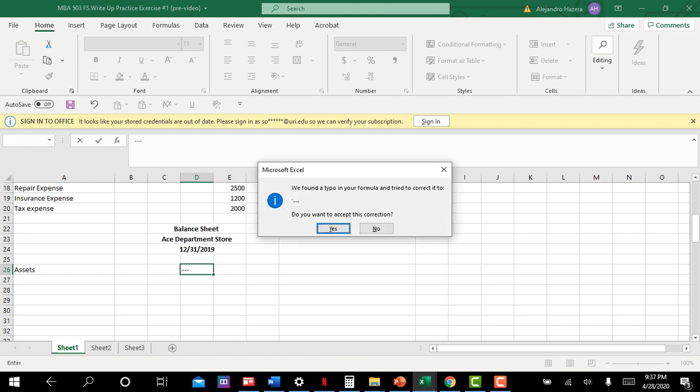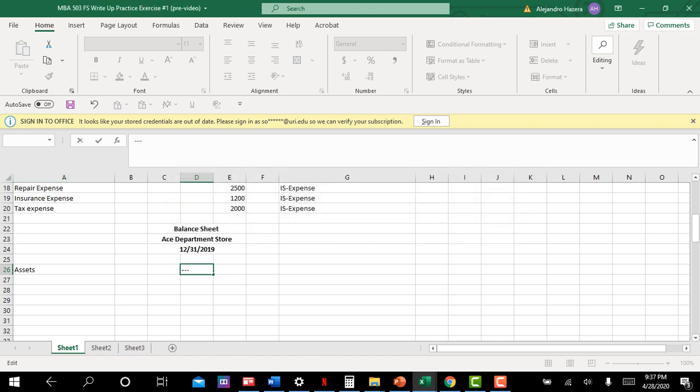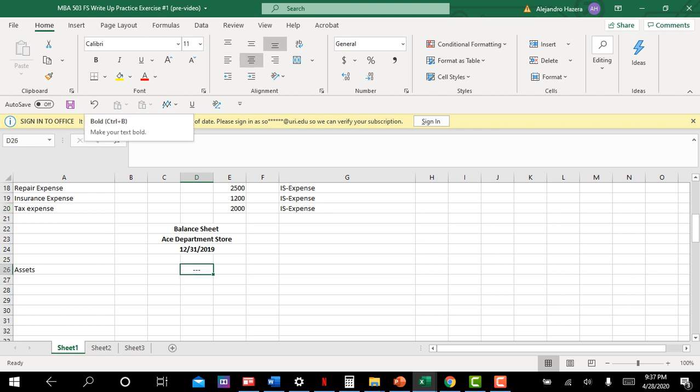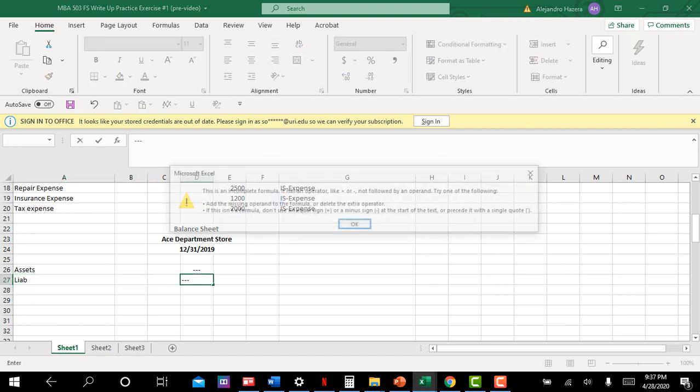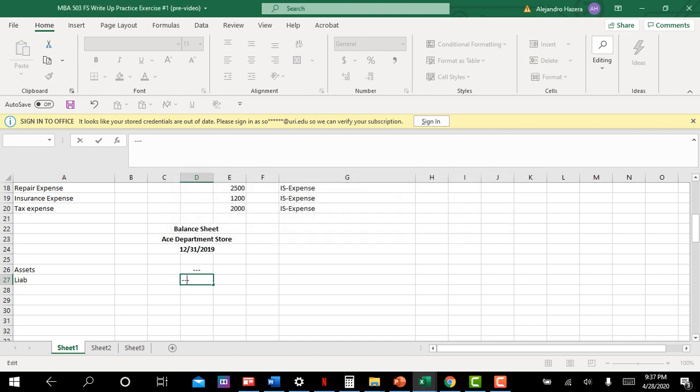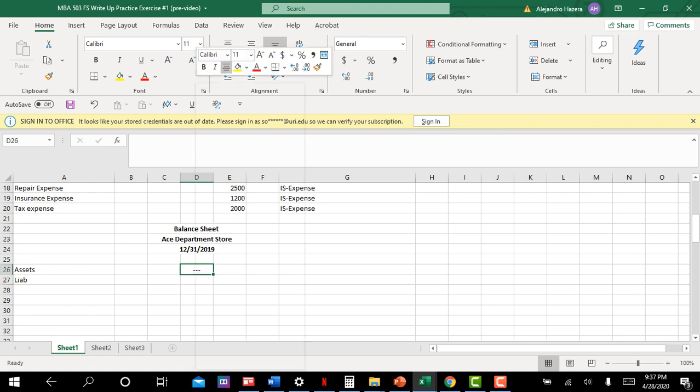And why I'm doing this is because if I had a beginning balance sheet, this would be too hard for you at this level. So I'm going to leave the liabilities blank also. Okay. And shareholders' equity.